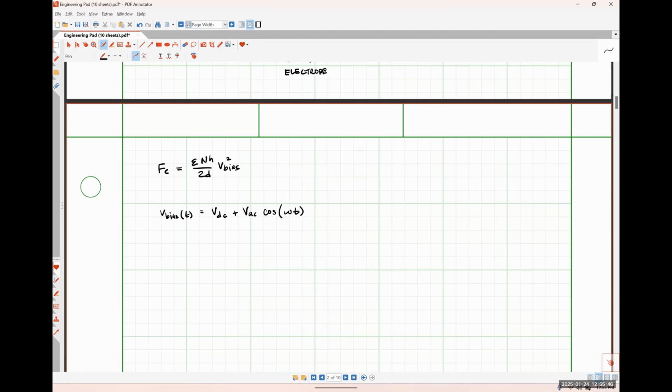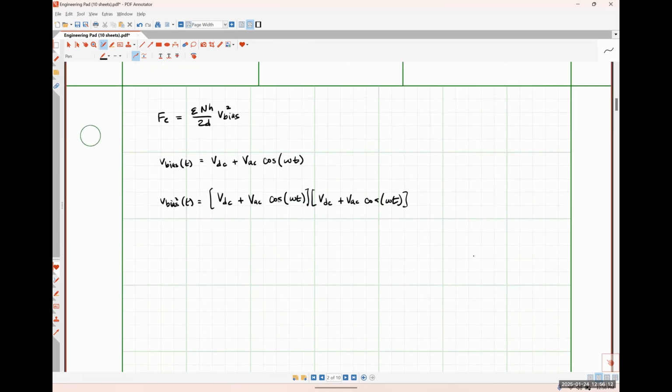So V bias squared, I'm just going to FOIL this out old school style: V_DC plus V_AC cosine omega t, multiplied by V_DC plus V_AC cosine omega t.